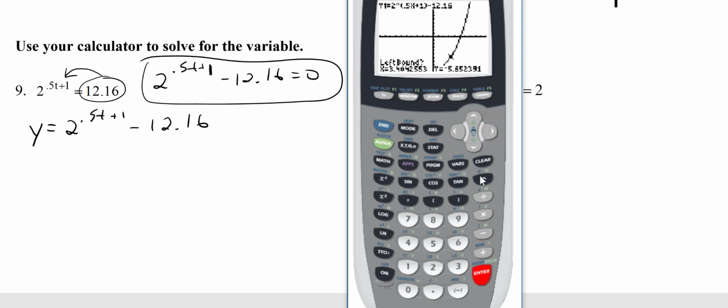So there's left bound, enter, and then right bound. Just make sure I cross the other side. Okay, enter, and enter. And there we go. If you look on the bottom here, y is equal to 0, and x equals, or in this case t, but it's x here, is 5.2081. So that's your answer.